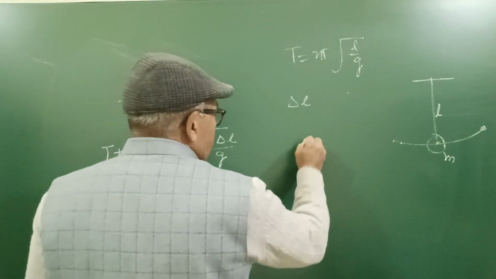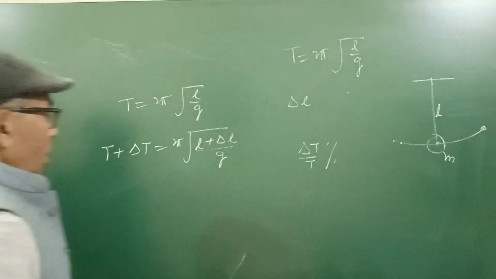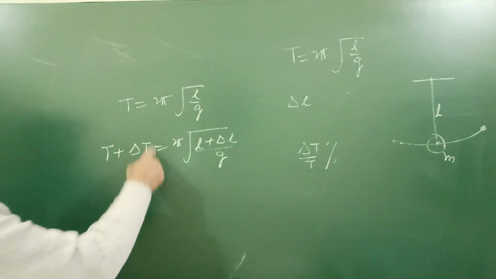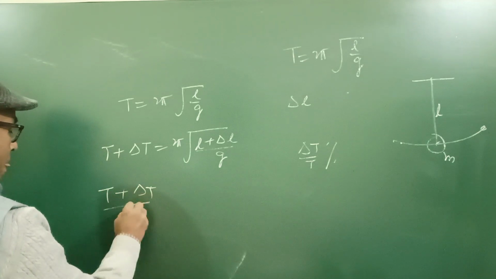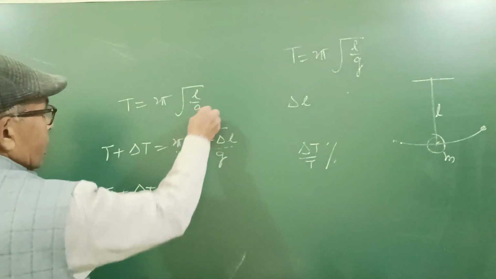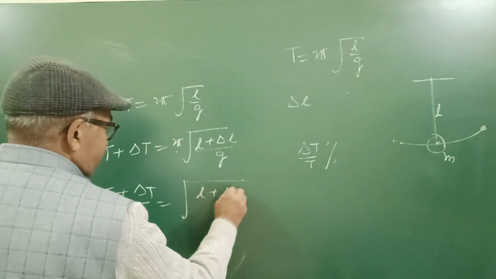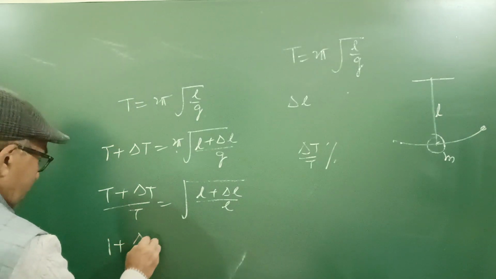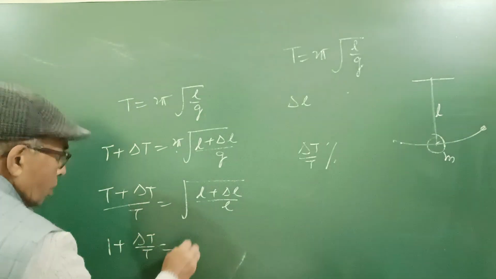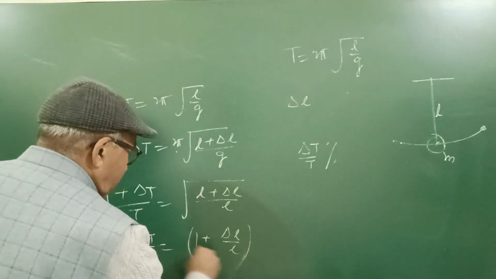You are asked here delta T upon T in percent. So divide this by this, T plus delta T upon T, everything gets cancelled, only L plus delta L upon L. It is 1 plus delta T upon T equals 1 plus delta L upon L to the power half.